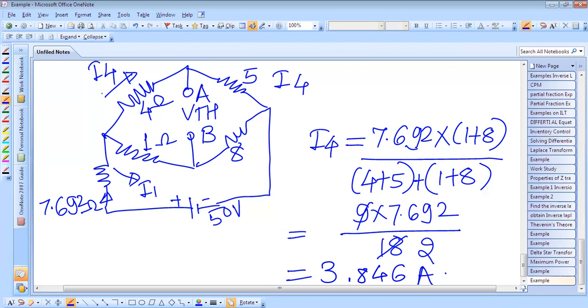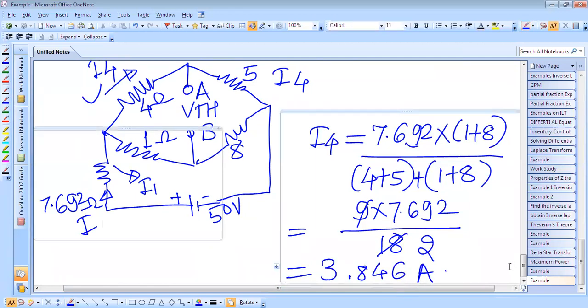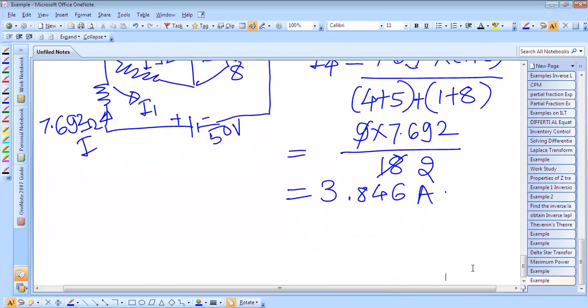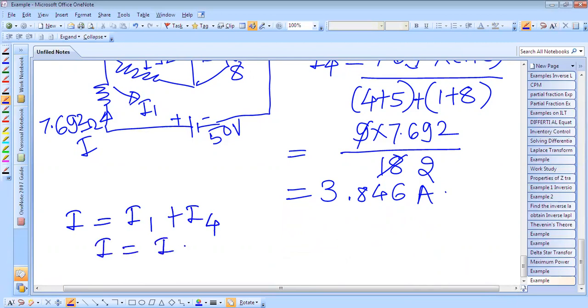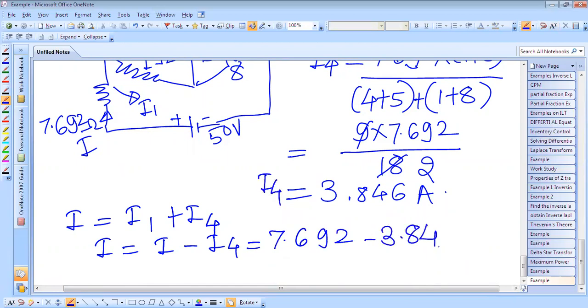Okay, now you know this I4, and you also know this I current. You can calculate this I1. How can I1 be calculated? So I is equal to I4 plus I1. I is equal to I1 plus I4, and as we have to find I1, so I1 is equal to I minus I4. So I is here 7.692, and I4 is 3.846.